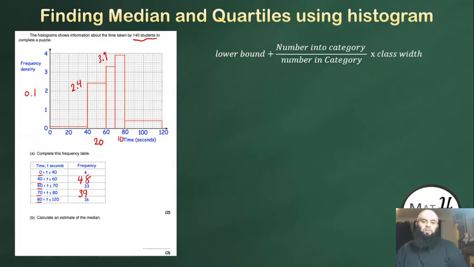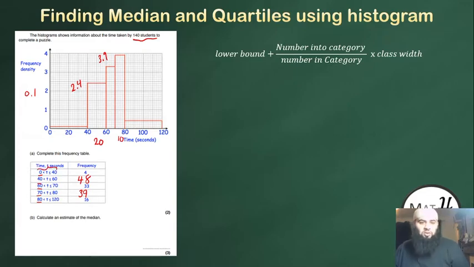We have to find how many numbers it has gone into the category. So we need to find the median number, which frequency number it is. I'll explain that in a bit. And number in category is the total numbers within each category, so this is 4, 38, 33, 39, and 16. And class width, we know, is the difference between these two.